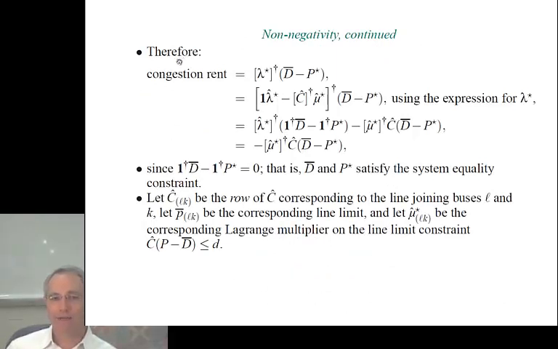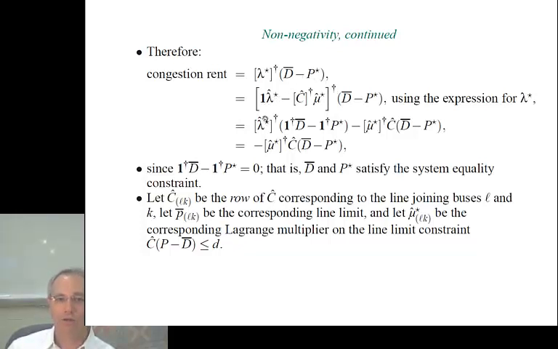So we can plug that into the congestion rent expression. The congestion rent expression is equal to lambda star transpose (d overline minus p star). We just proved that that's equal to (1 times lambda hat star minus C hat transpose mu hat star) transposed into the net demand minus production. Let me transpose that whole expression.